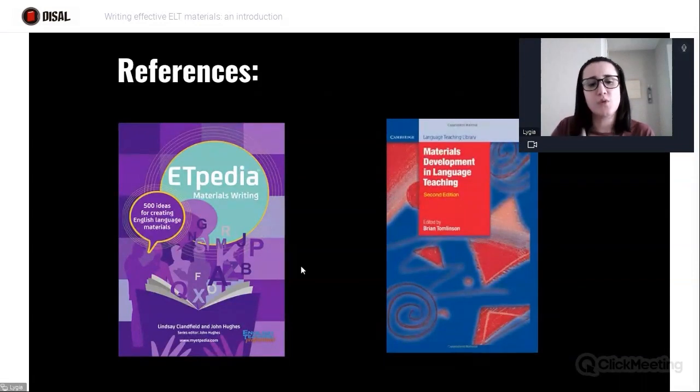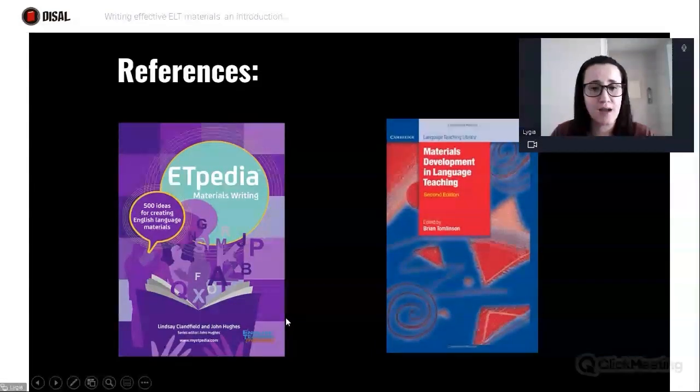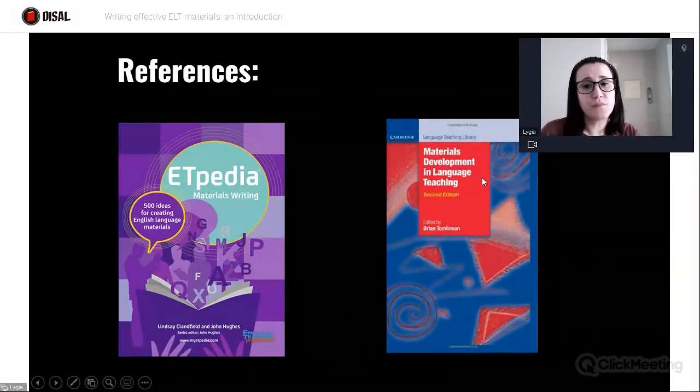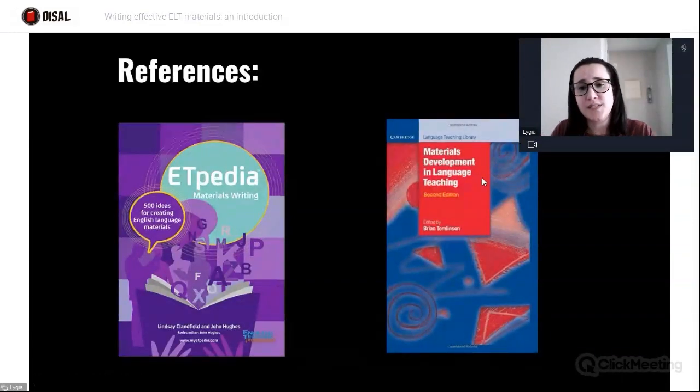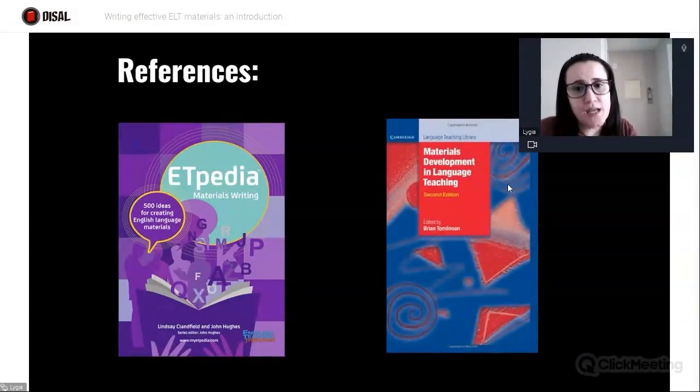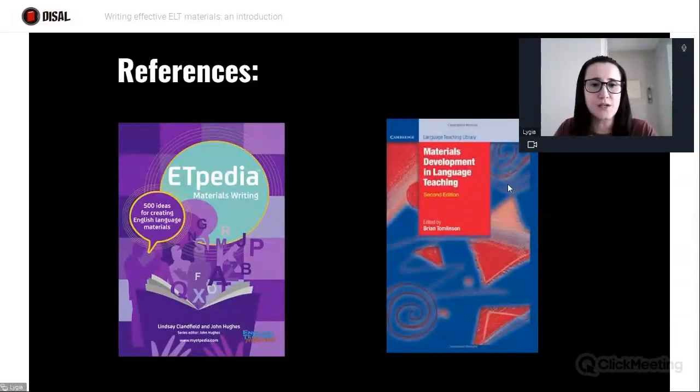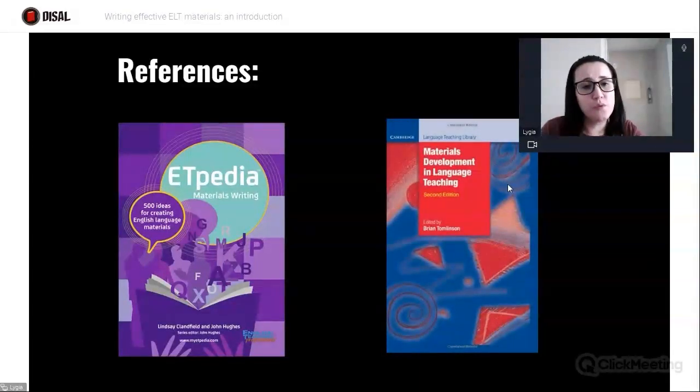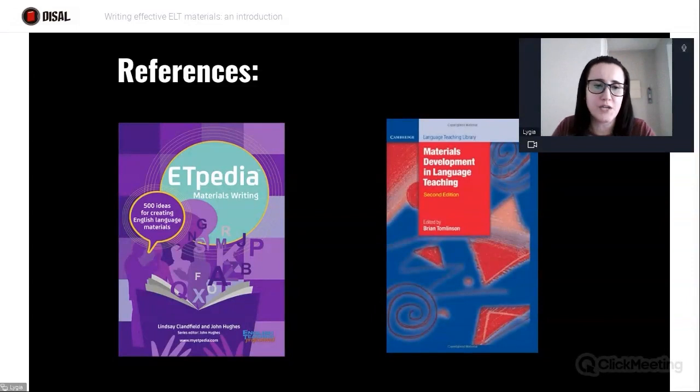It's a course which is actually offered by a department at the Oxford University, and I believe it's called Writing Your Own ELT Materials or something along these lines. So, fantastic course. I recommend it. And the other one, which you might also be interested in, is Materials Development in Language Teaching, edited by Brian Tomlinson. So these are 2 references for you if you want to read more information about materials writing.